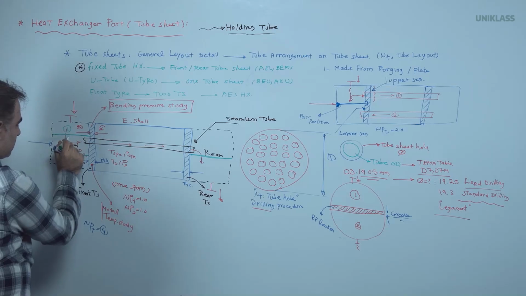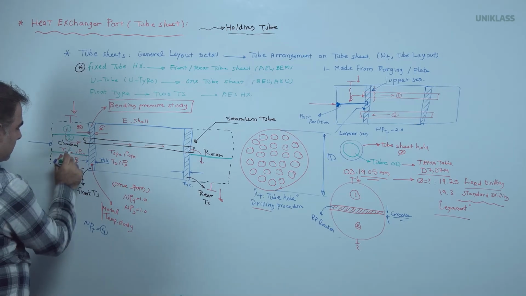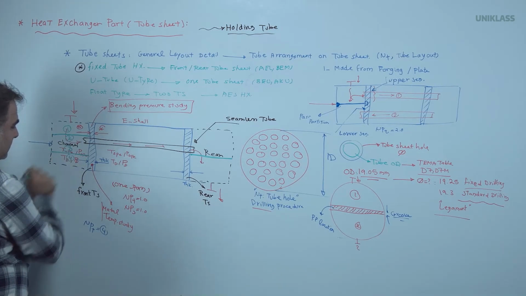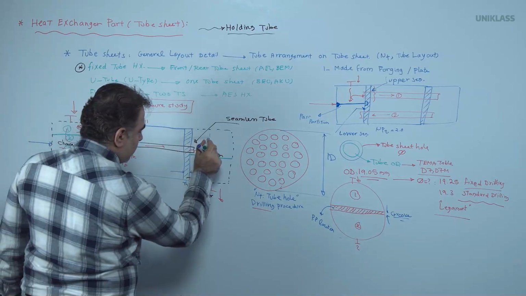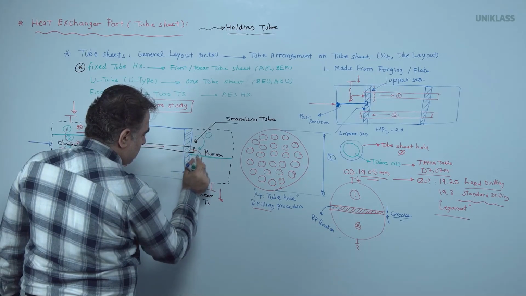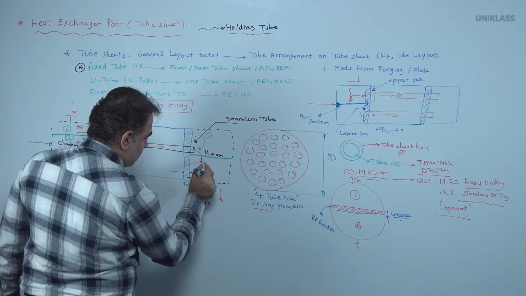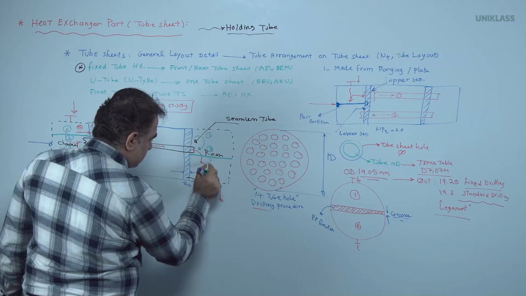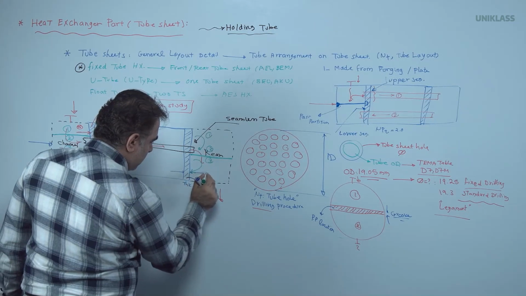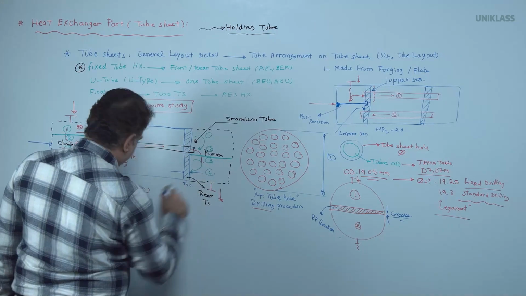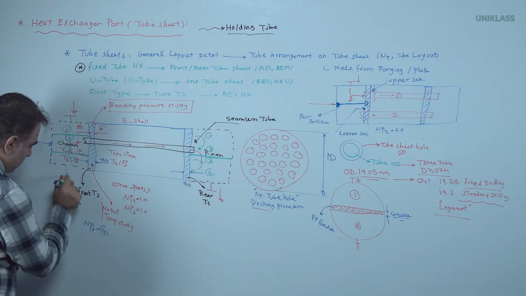One path, two paths, three paths, four paths. Therefore, path 1, path 2, 3, and 4. Therefore, the location of the nozzle comes here.